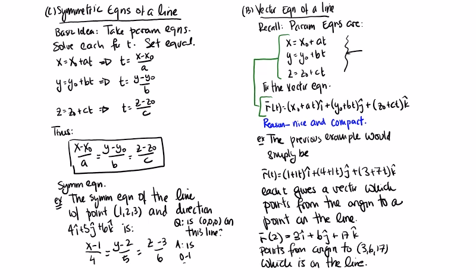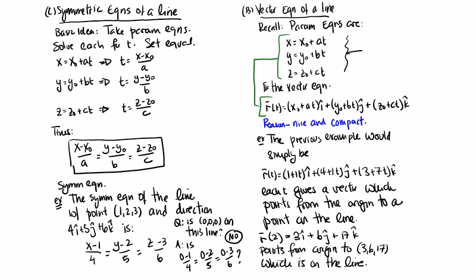Is 0 minus 1 over 4 equal to 0 minus 2 over 5 equal to 0 minus 3 over 6? The answer is no, right? Because negative 1/4 is not the same as negative 2/5, which is not the same as negative 3/6. So the answer is no. So really, really nice and easy, right? So the symmetric equation is useful in that regard. There's no additional variable in it.